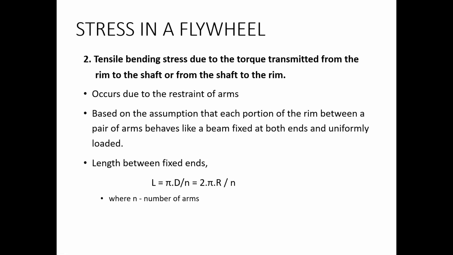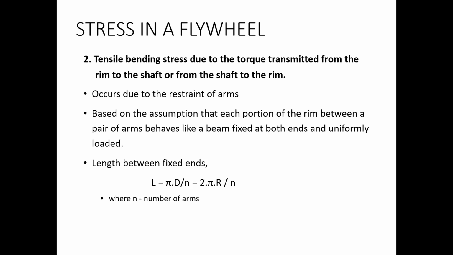The second type of stress is the tensile bending stress, and it is caused due to the torque transmitted from the rim to the shaft, or it can also be the torque transmitted from the shaft to the rim.